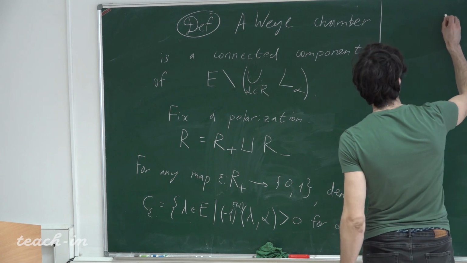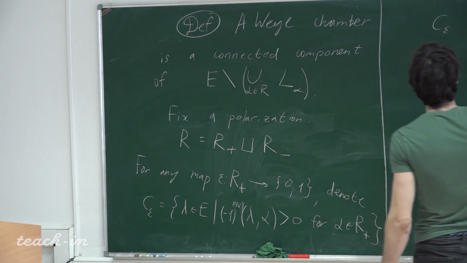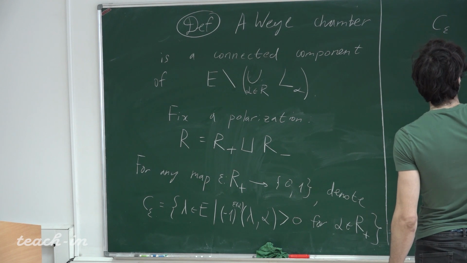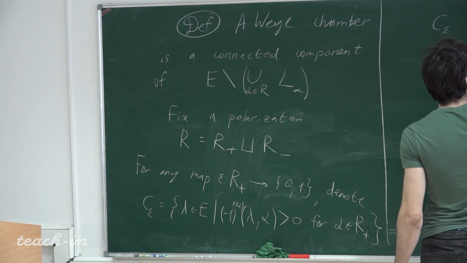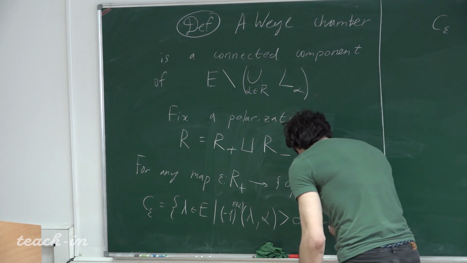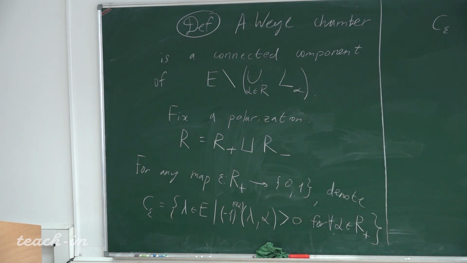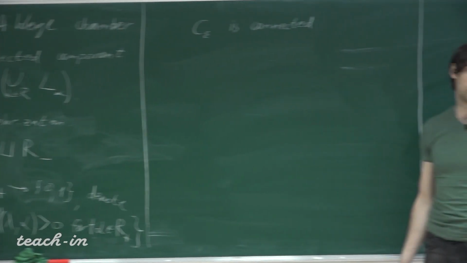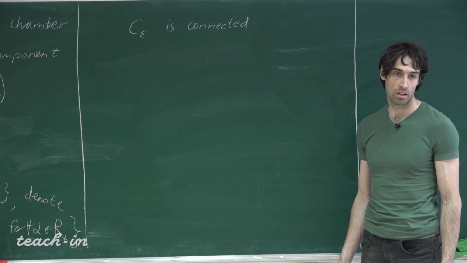Notice two things. First of all, C epsilon is connected. Wait, for the definition of C epsilon, is it for any alpha, or for? For positive, I mean for all alpha from R plus. Yes. Thank you. So you divide the positive roots again into two halves?